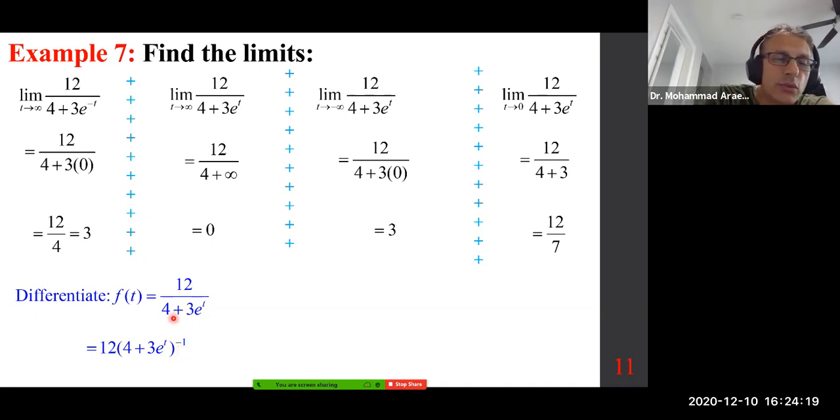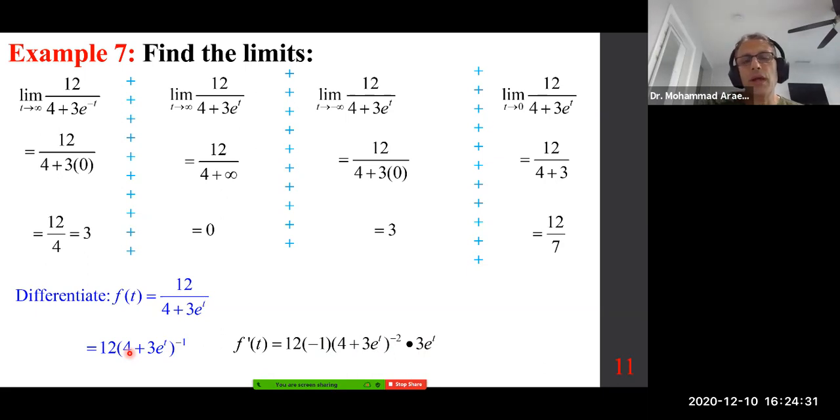And by the chain rule, we need the derivative of the parentheses, which is 3e to the power of t without the 4. And so rewrite this: 12, negative 1, 3e to the power of t, they go to the numerator. This one goes down with a positive 2 in the denominator.